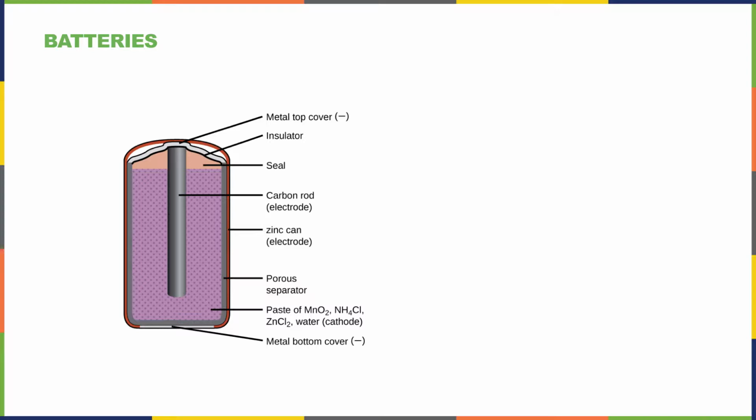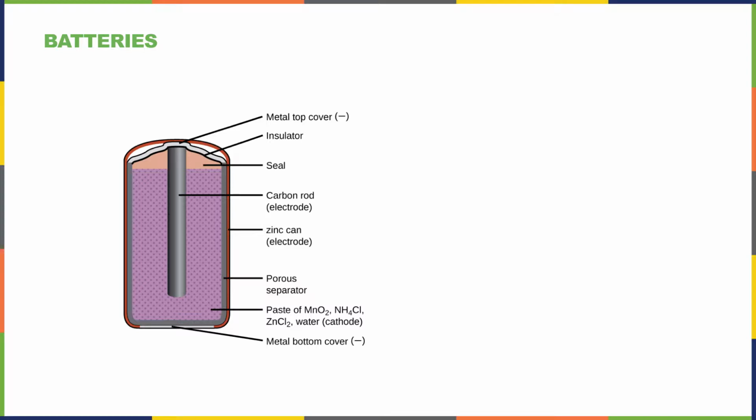And what you can see if you look at this is the top, obviously there's a metal cover, and the bottom has a metallic cover to allow for the free flow of electrons. Centrally, you have a carbon rod which acts as an electrode, and then on the outside you have a zinc rod which also acts as an electrode. And between those two you have what's called a porous separator.